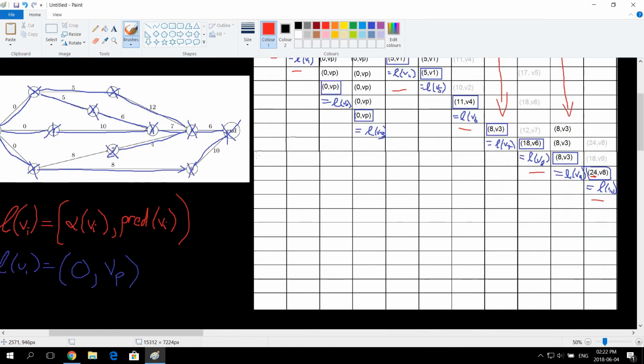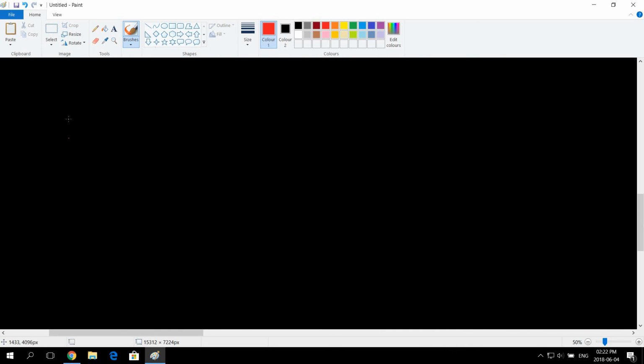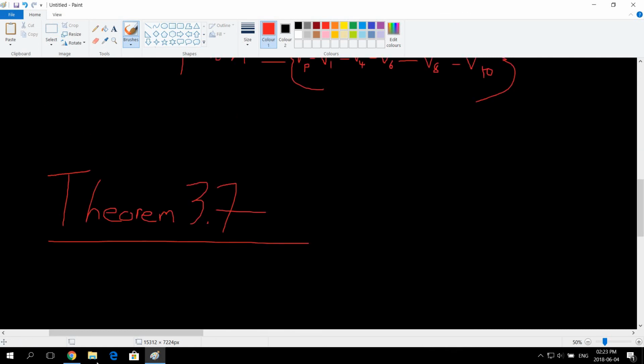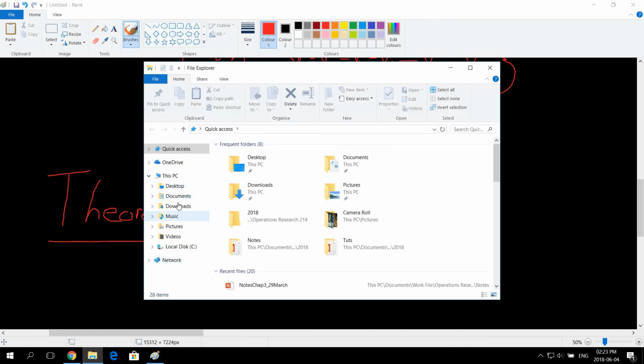Okay, so the theorem, Theorem 3.7. This theorem, it's exactly the same as, okay, let me just open up my documents here. It's exactly the same.